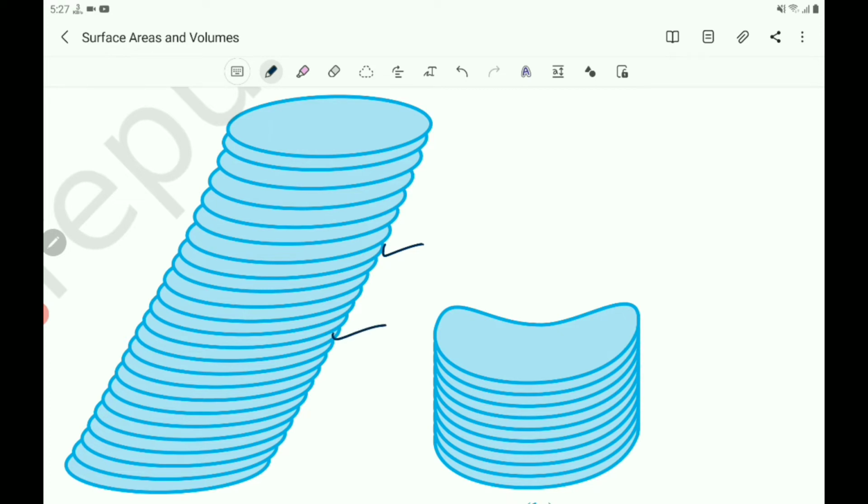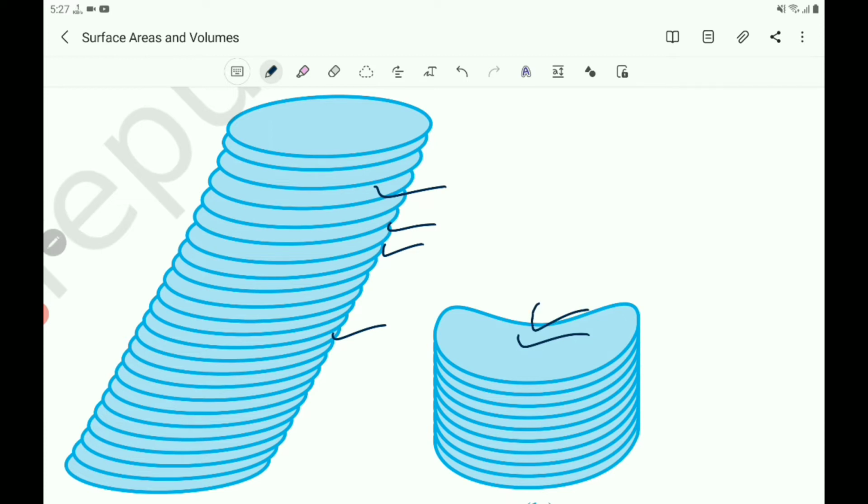If we have a cylinder with a non-circular base, then also it cannot be called a right circular cylinder. This one is also not a right circular cylinder because it is not at right angles to the base.